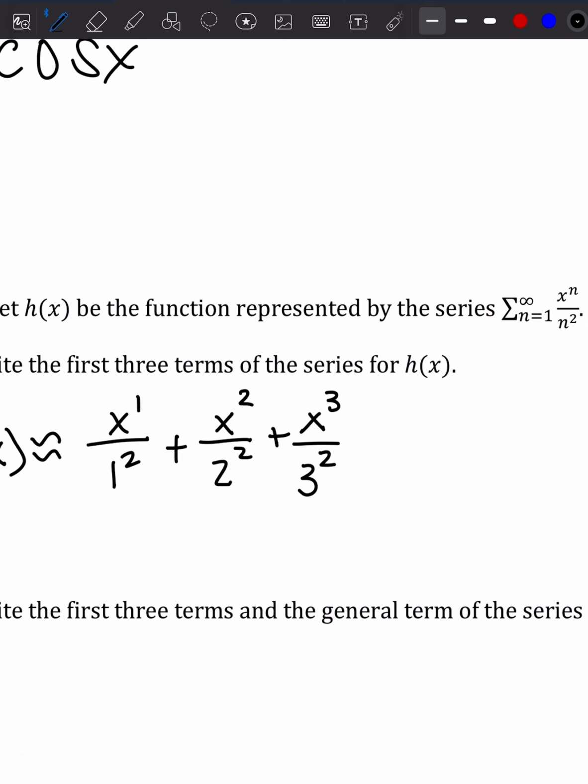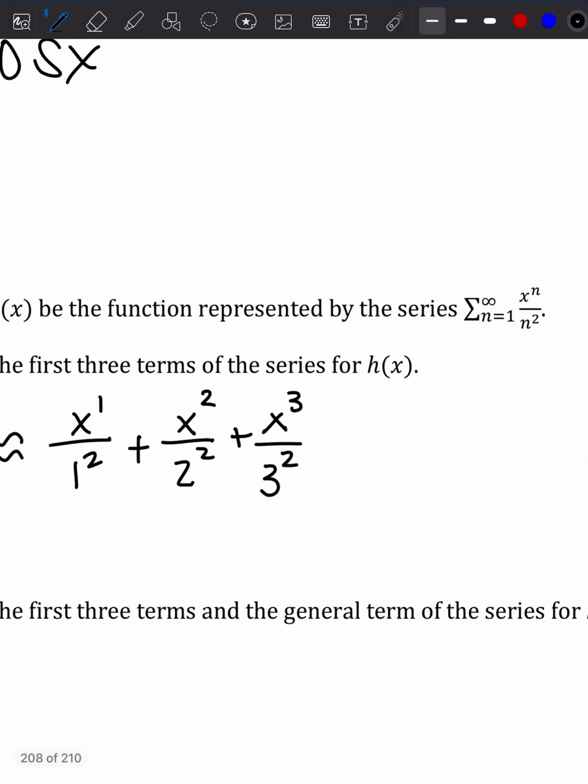I have 3 separate things that I'm adding together that are non-zero. So all I'm going to do is simplify what I have. So x to the first divided by 1 squared. 1 squared is 1. X to the first is x. So I have x plus x squared divided by 4 plus x cubed divided by 3.